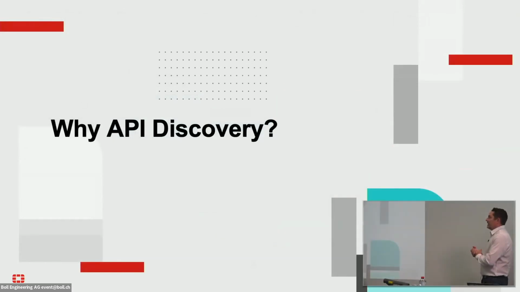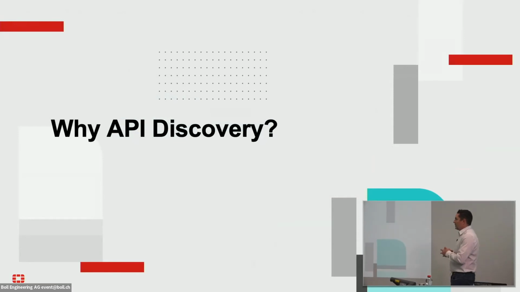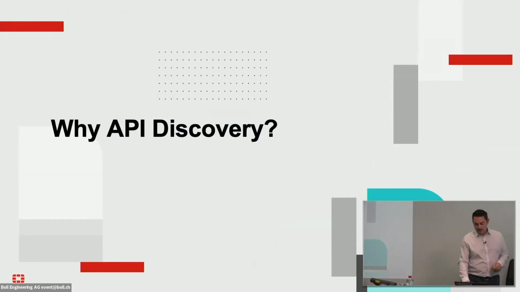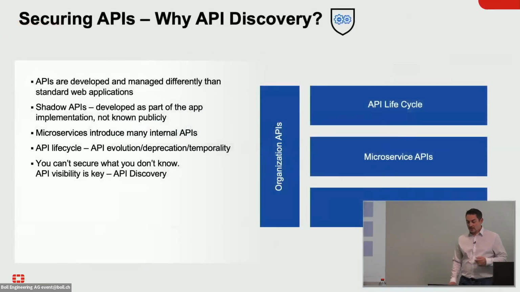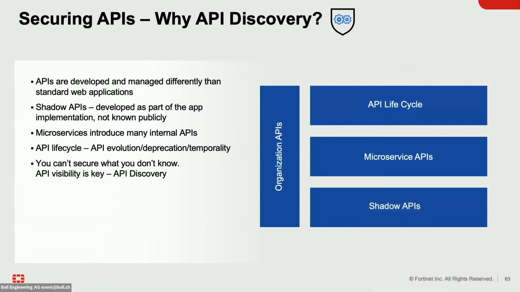Now, let's talk about API discovery, what it is. We mentioned that APIs can be really tricky to manage. So why are we doing this? Because web development is changing fast, APIs are also evolving. If you publish a new application, you also publish new methodology, and you evolve your API space. So you have an API lifecycle to manage.